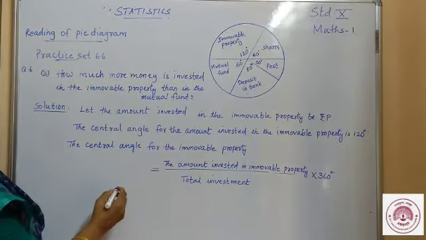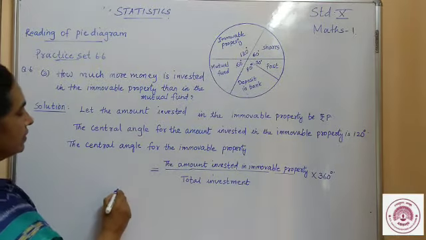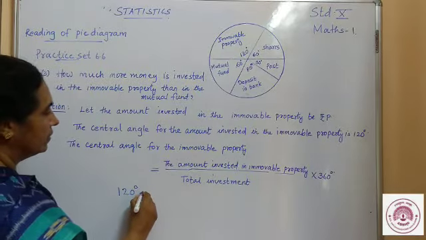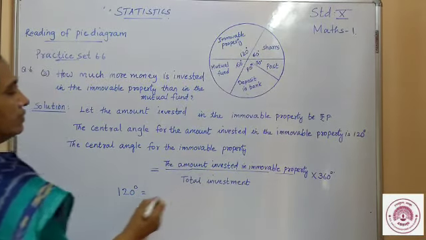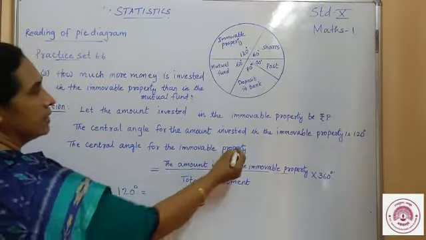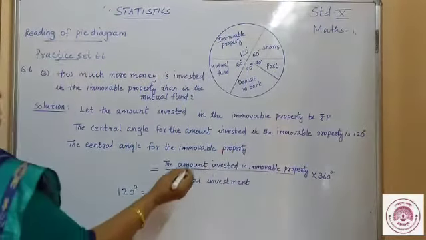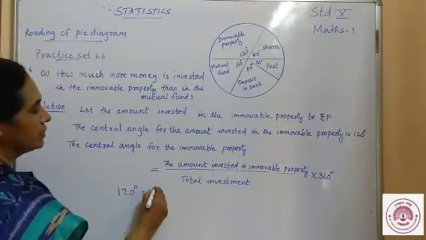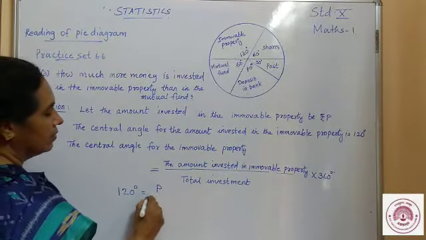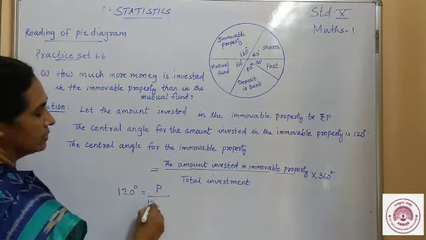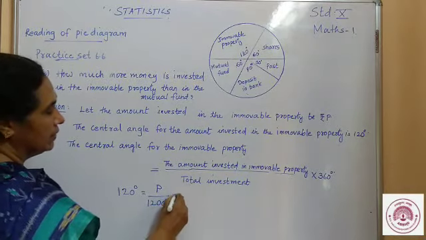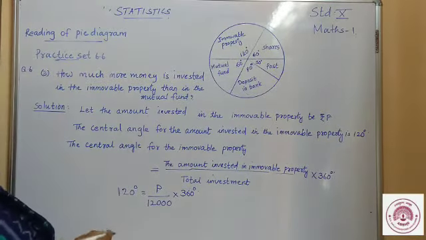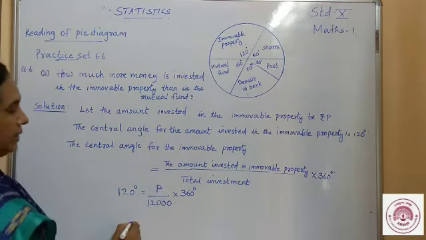So 120 degree is equal to P, upon total investment, which we know is 12,000 rupees, into 360 degree. Now we have to find P.